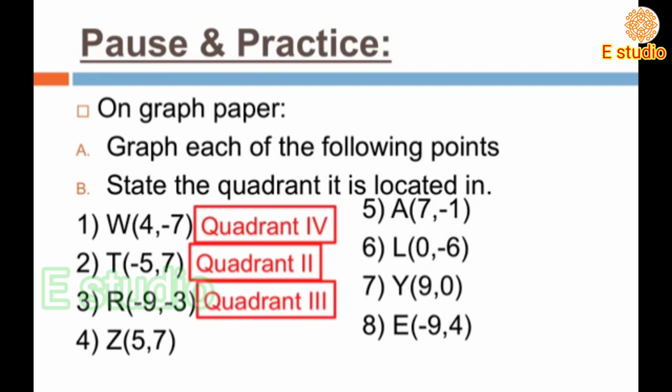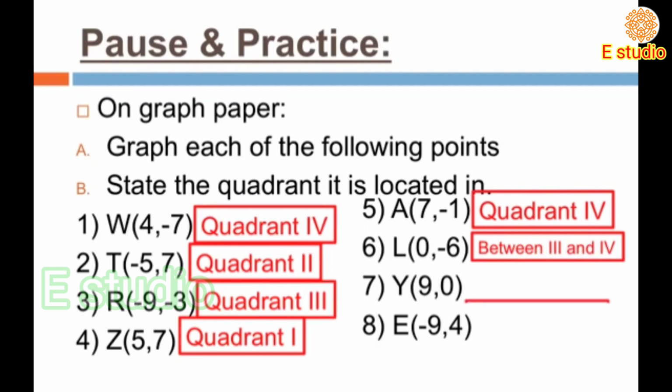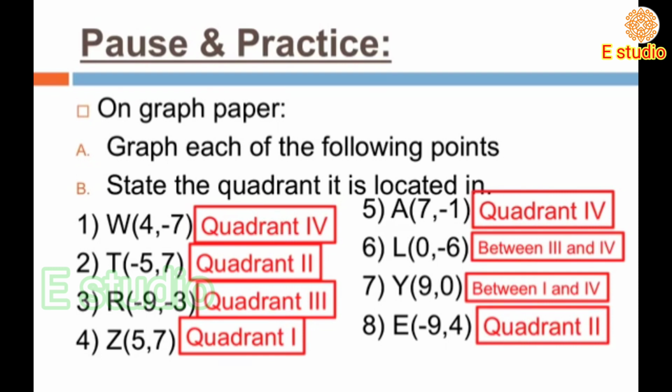Number 4, Z is located in quadrant 1. 5, A is located in quadrant 4. 6, L is located in between quadrants 3 and 4. Number 7, Y is located between quadrants 1 and 4. And 8, E is located in quadrant 2.